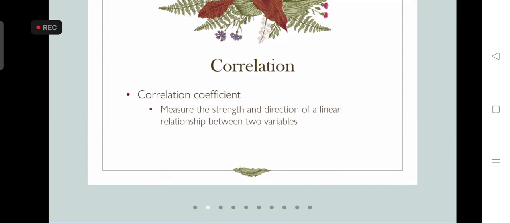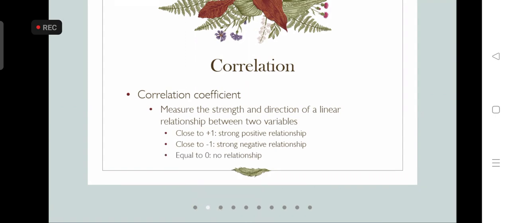So the correlation coefficient measures the strength and direction of a linear relationship between two variables. If the correlation coefficient is close to +1, we can say there is a strong positive relationship. If it is in the opposite direction, close to -1, there is a strong negative relationship. And if the correlation coefficient is 0, there is no relationship.